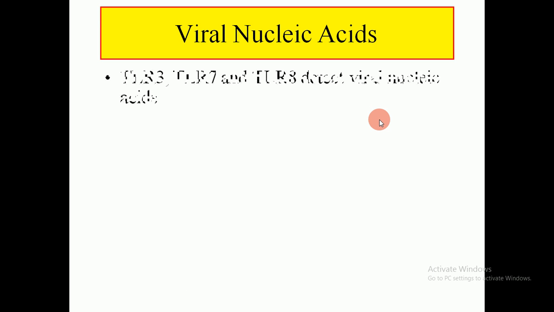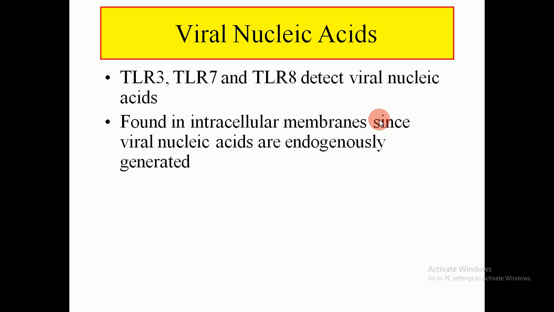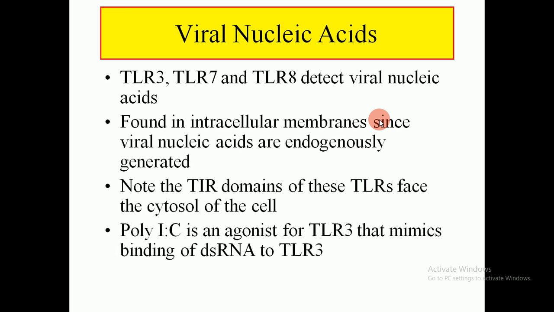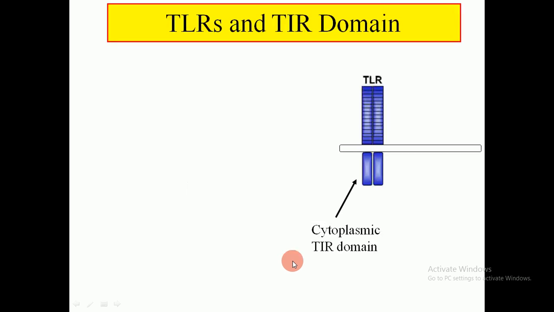Viral nucleic acids bind to toll-like receptors 3, 7, and 8, which detect viral nucleic acid and are found in intracellular membranes, since viral nucleic acids are endogenously generated. Note that the toll-like receptor domains face the cytosol of the cell, and polyinosinic-polycytidylic acid is an agonist for toll-like receptor 3 that mimics binding of double-stranded RNA to toll-like receptor 3.